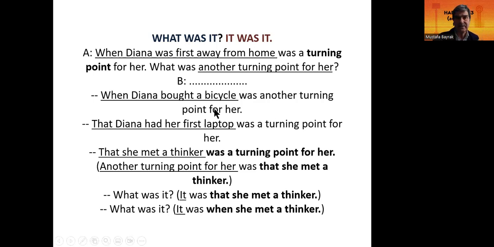When Diana bought a bicycle was another turning point for her, or that Diana had her first laptop was a turning point for her, that she met a tinker, okay, was a turning point for her, or another turning point for her was that she met a tinker. What was it? It was that she met a tinker. What was it? It was when she met a tinker. Okay.